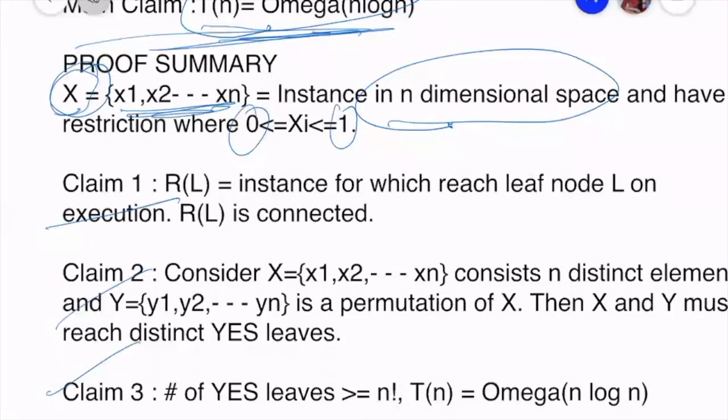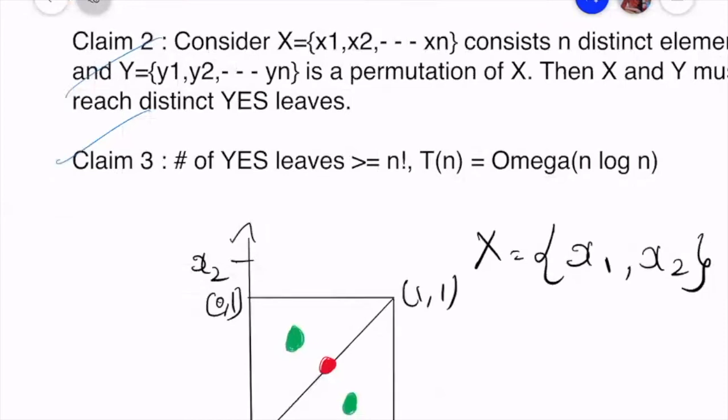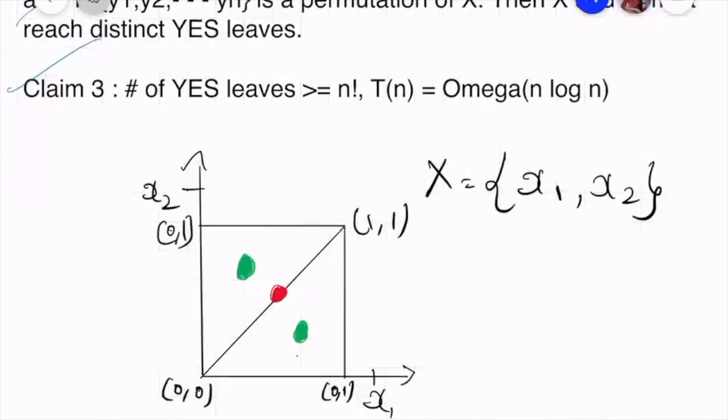Before going to claim one, let's understand why we are using the n-dimensional space. For us, it is very hard to imagine n-dimensional space, so for our convenience, we have taken 2D. Here we have taken an example point x, which consists of two coordinates.